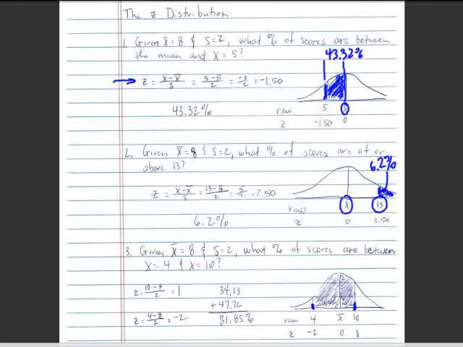The z for x equals 10 is 10 minus 8 divided by 2, which gives us a z of 1. Again, I like having a row that shows my raw scores and a row that shows my z-scores.